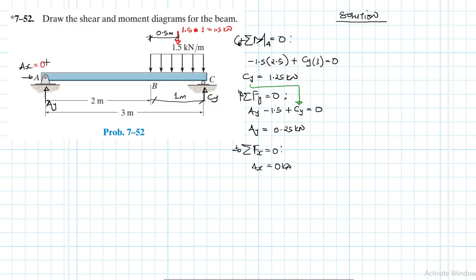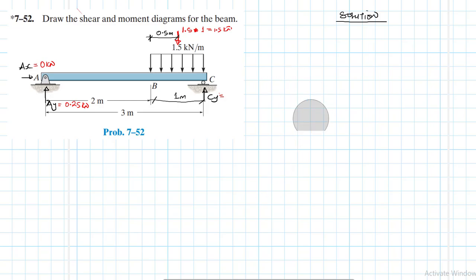We have 0 kilonewtons for Ax, Ay is equal to 0.25 kilonewtons, and Cy is equal to 1.25 kilonewtons.